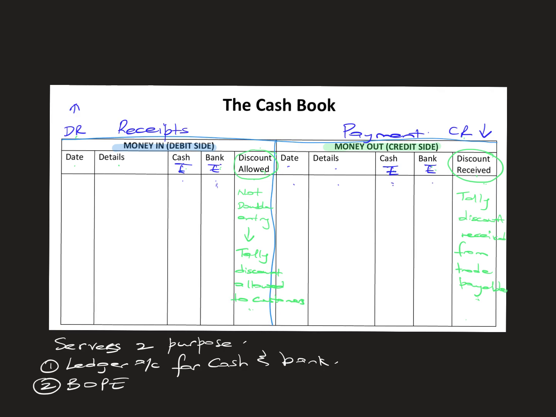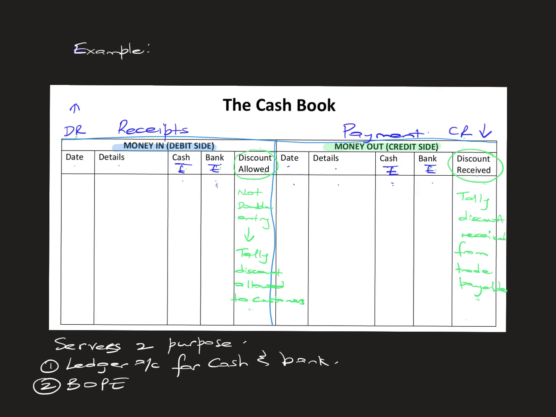Now, there are times when transactions will affect both the bank column and the cash column on each side. So let us look at an example of a contra entry.